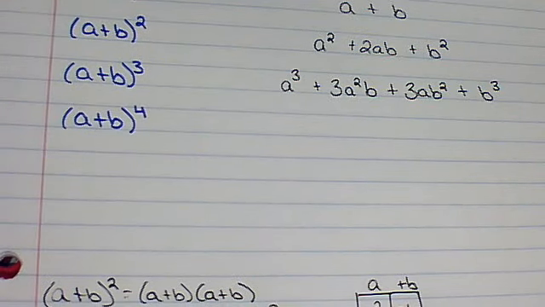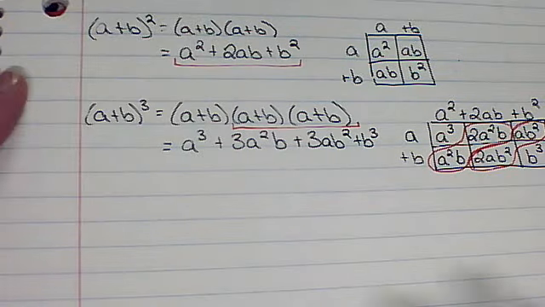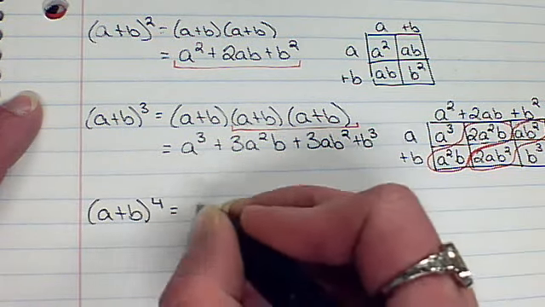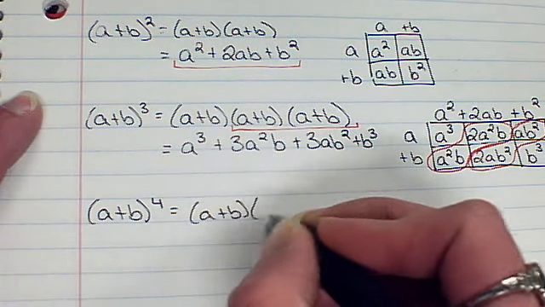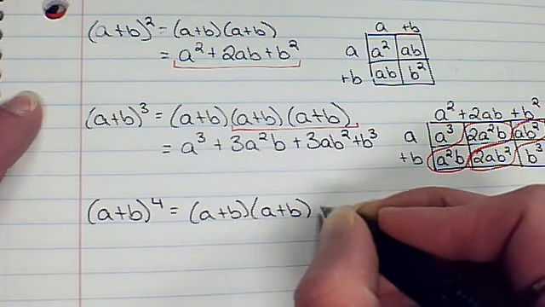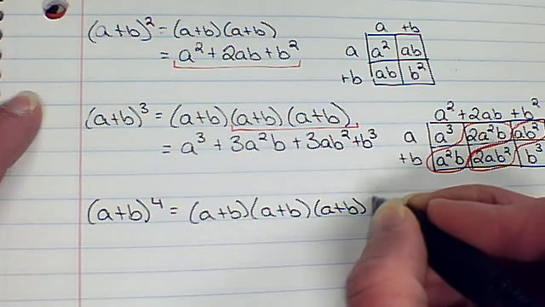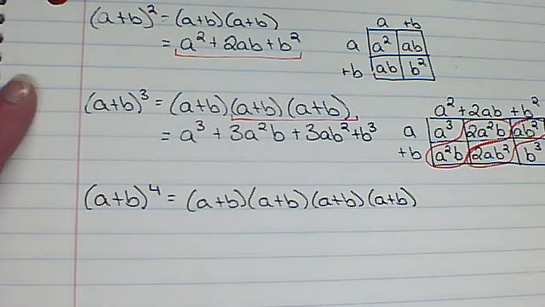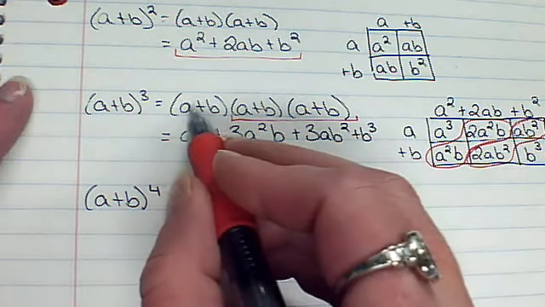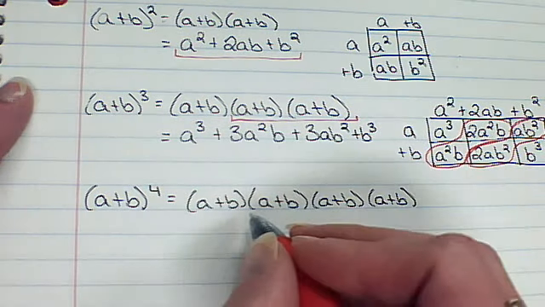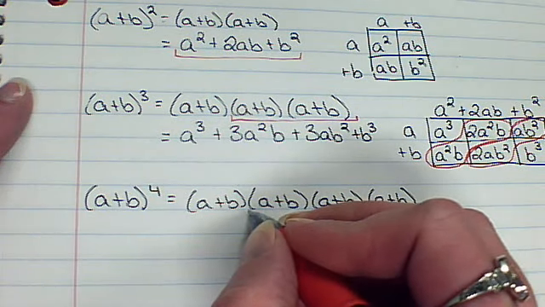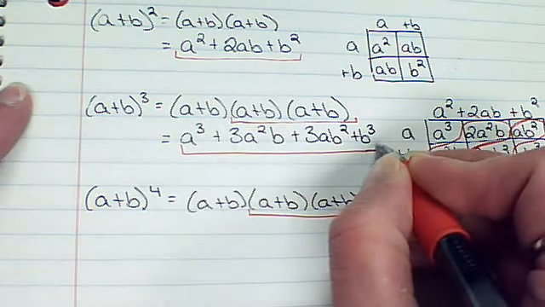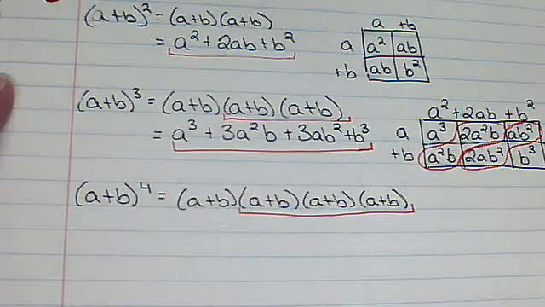Next one, a plus b to the fourth. All right, so this time we've got it 4 times. Now remember, since we just did this up here, that's a plus b to the third power, that is right here. We've already done part of the work.